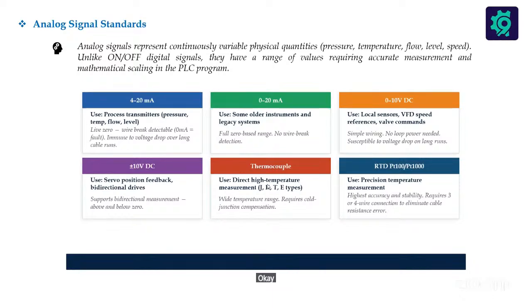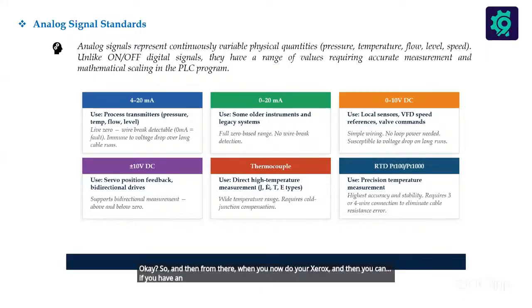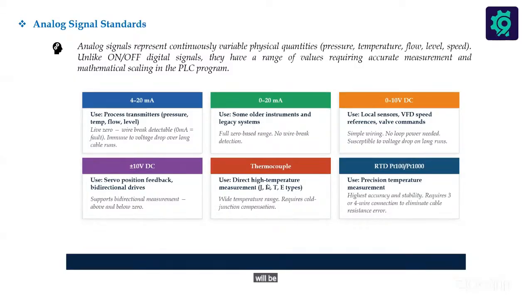Okay, and then from there, when you now do your 0 to 100 degrees centigrade, if you have an output which is also analog, you can convert that same thing into 0 to 32768 on the analog output side.